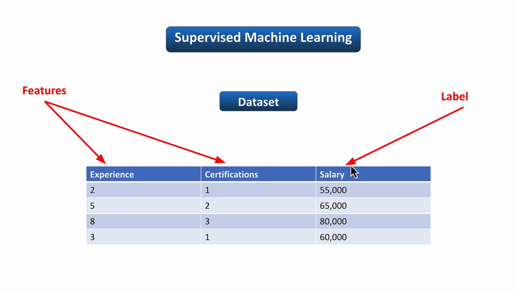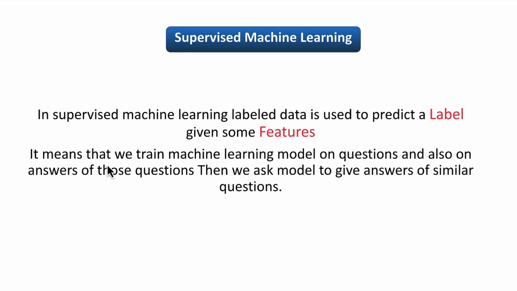As the label is also there in this dataset, this dataset is called a labeled dataset. Hopefully you are getting the point that in supervised machine learning, we train the model on questions and also on the answers to those questions, and then we ask the model to give answers to similar questions.